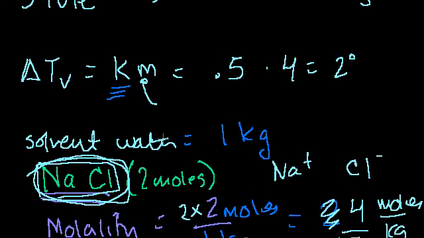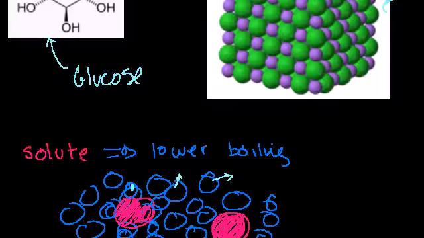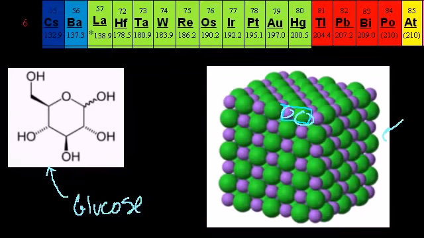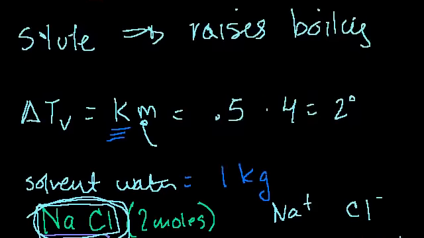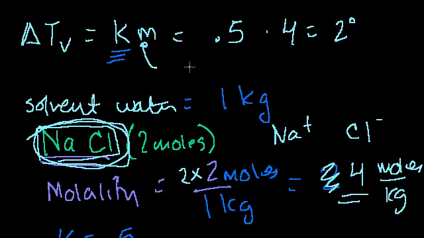So my boiling point will be elevated by 2 degrees. Now, if I had 2 moles of glucose dissolved into my water, I would only get half of an increase, because the molality would be half as much, because it doesn't turn into 2 particles.